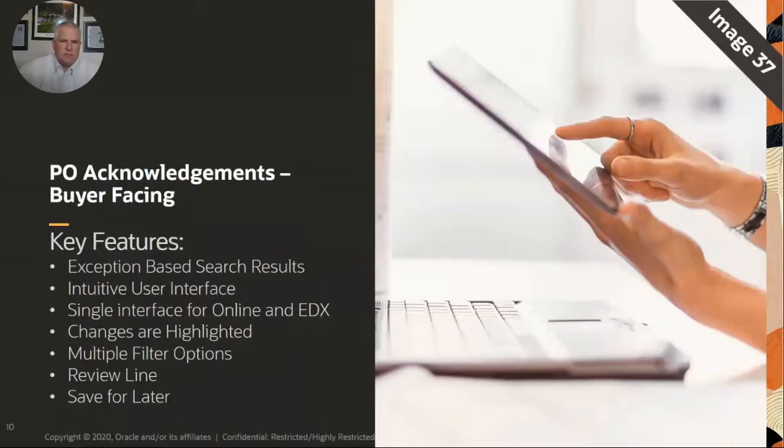What that means is only the items that have a change are provided as a work list. And because this is built in Fluid, it provides a much better, more intuitive user interface, and we've combined both the online and EDX interfaces into one component.